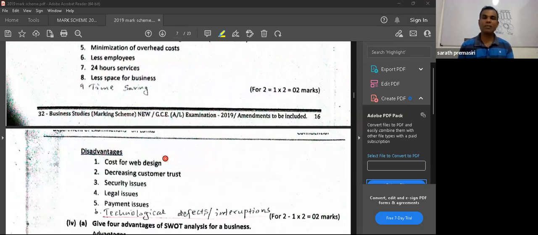Decreasing customer trust as customers are not physically met. There may be security issues. Security issues, you see, internet frauds, that type of thing.